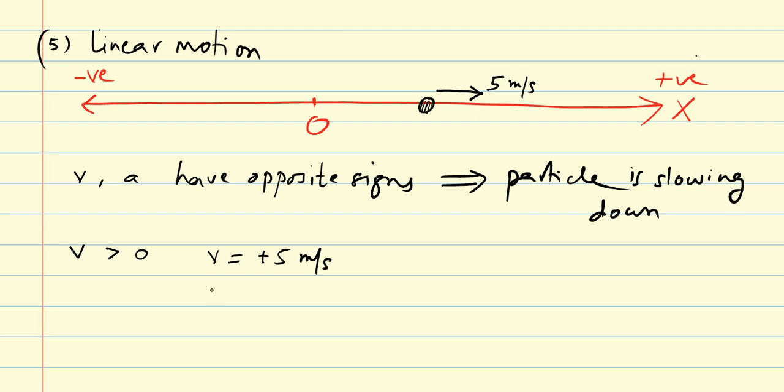Now the acceleration is oppositely signed, so A is a negative number. Let's not even take any example, let A be any negative value. Clearly, if A is negative, it also means that dV by dt is negative.